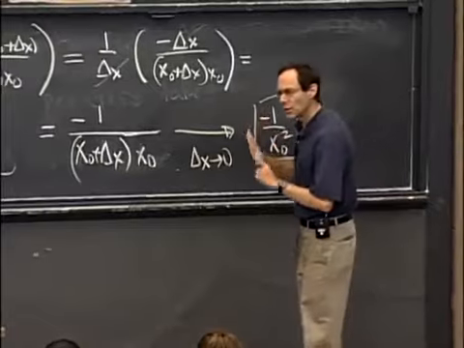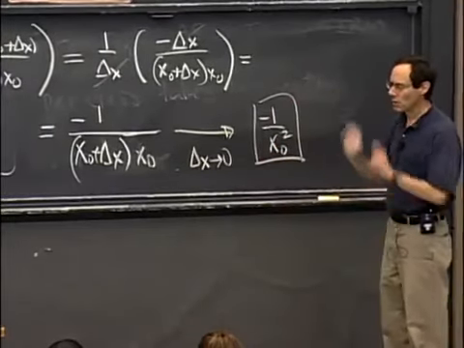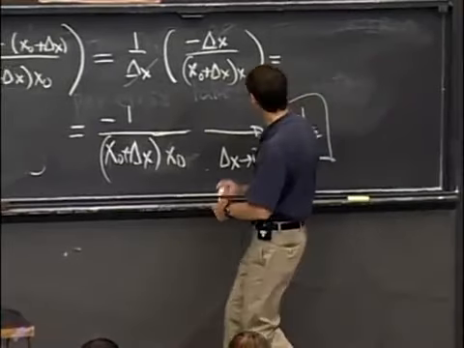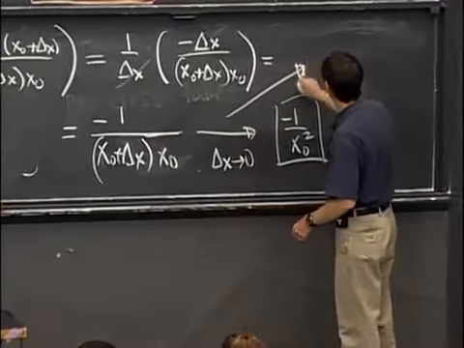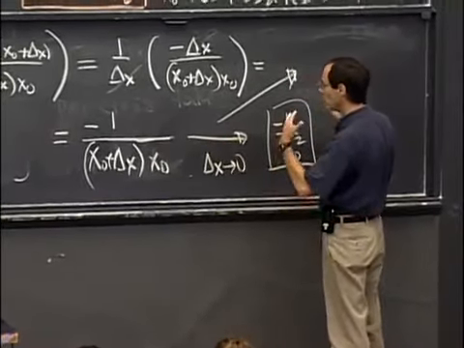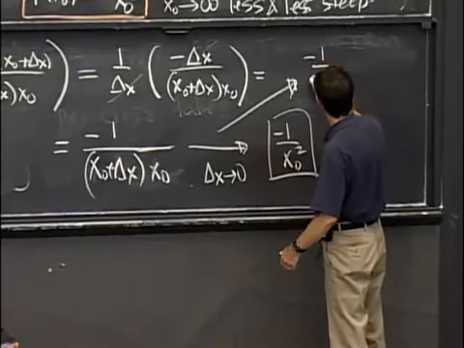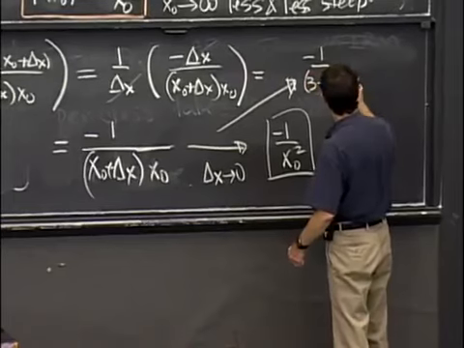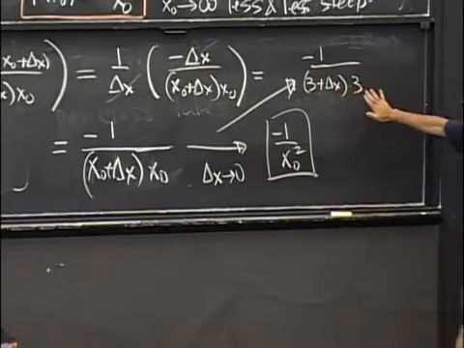Let me illustrate it by sticking in a number for x0 to make it more explicit. So for instance, let me stick in here for x0 the number 3. Then it's minus 1 over 3 plus delta x times 3. That's the situation that we've got.